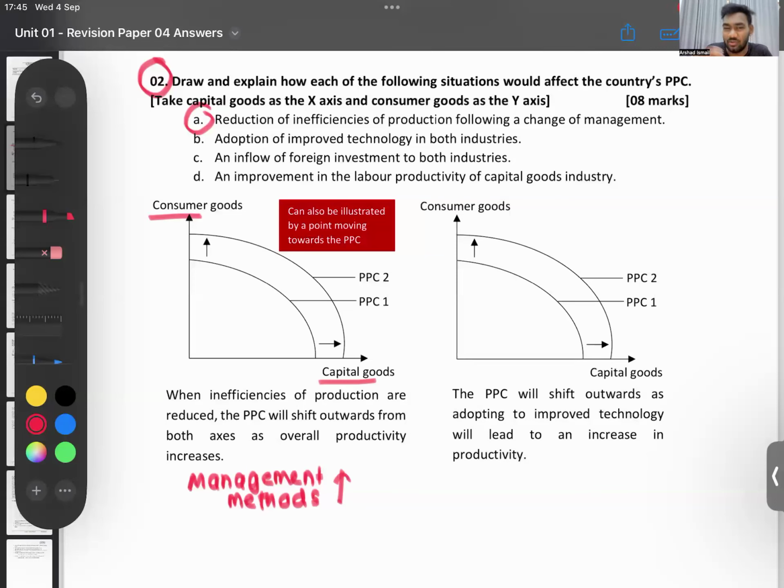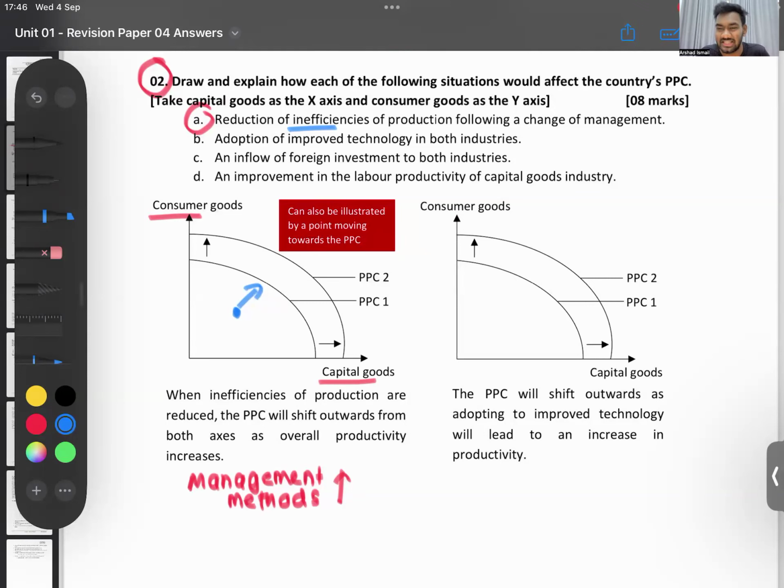You can argue the other way around as well. That's why I have made a red box over here. Now here they also say reduction of inefficiencies. That means earlier there were inefficiencies. Earlier you were producing inside the PPC. Now you're going towards the PPC. That also I will give you a mark.